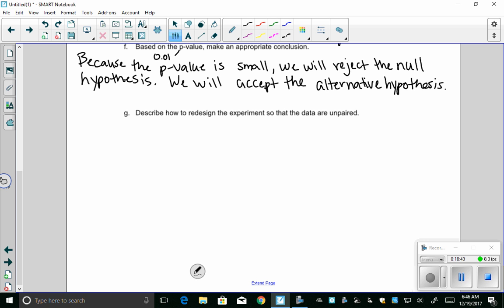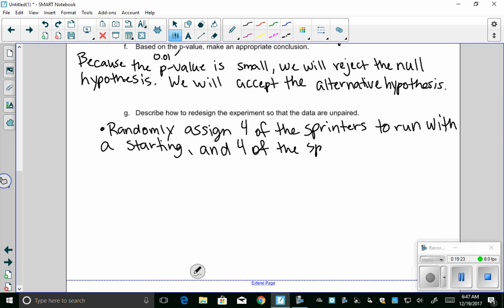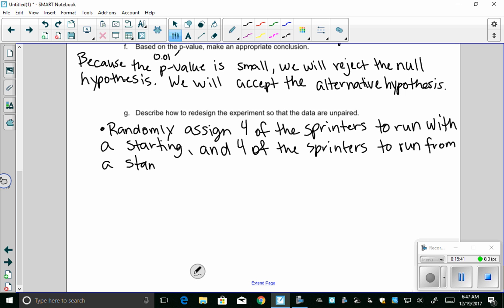To redesign this experiment to make sure the data is unpaired, you will randomly assign 4 of the sprinters to run with a starting block and 4 of the sprinters to run from a standing position.